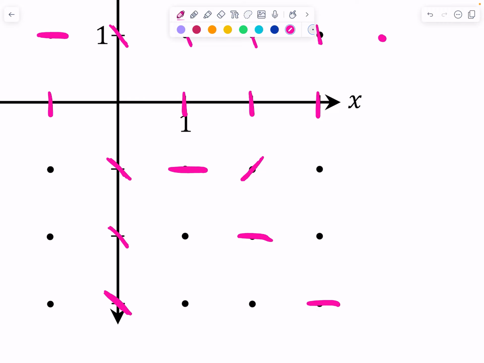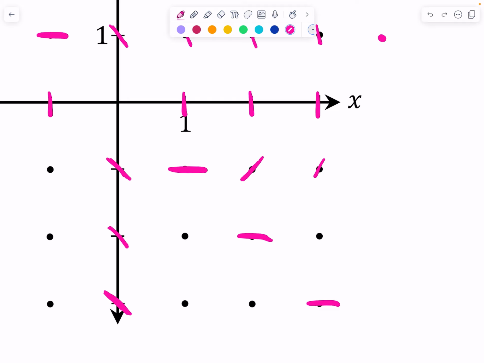3, negative 1, so x plus y is 2, divided by negative 1 is negative 2, and then multiplied by negative 1 is positive 2. So, that. Over here, 3 minus 2 is 1, divided by negative 2 is negative 1/2.